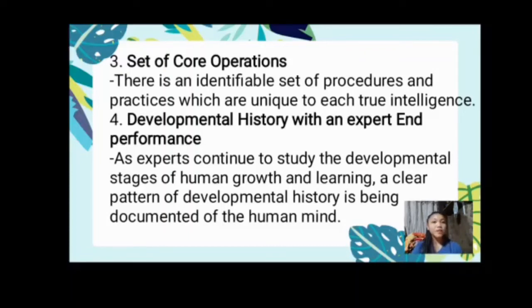Fourth, developmental history with an expert and performance. As experts continue to study the developmental stages of human growth and learning, a clear pattern of developmental history is being documented of the human mind. So, a true intelligence has an identifiable set of stages of growth to reach the master level for each intelligence.